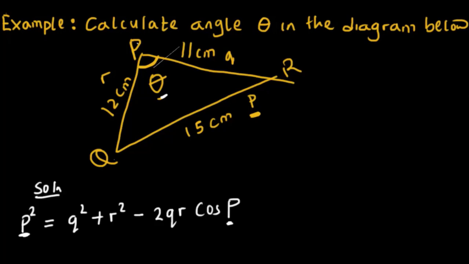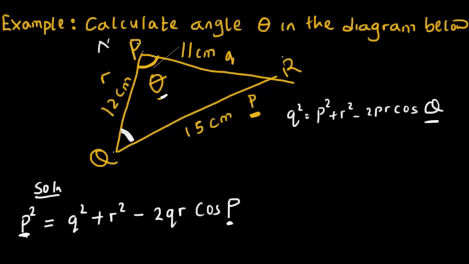If I decide to use Q, I'll have q square equals p square plus r square minus 2pr cos Q. But it's not Q I'm told to find, it's not this angle here. So that's why it made sense for me to use the P version of the formula. And don't be confused with the letters.